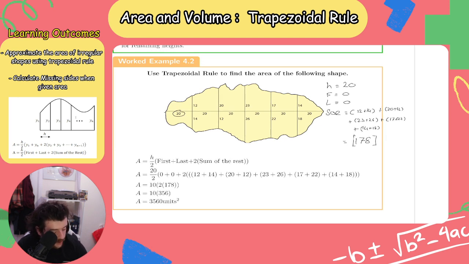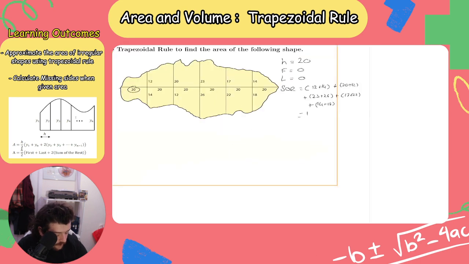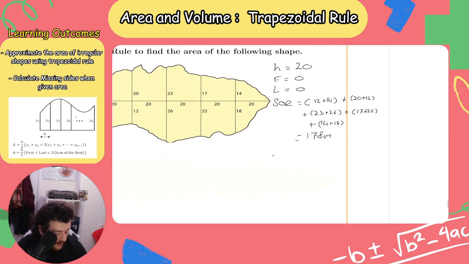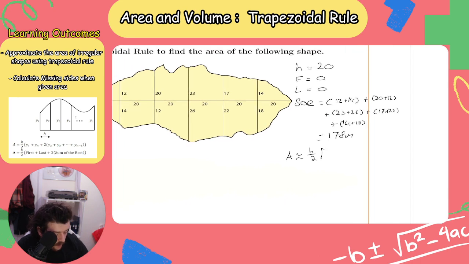And now we just sub it in. So my area is approximately equal to h over 2 times first height plus last height plus 2 times the sum of the remaining. It's going to be 20 over 2 times 0 plus 0 plus 2 times 178.